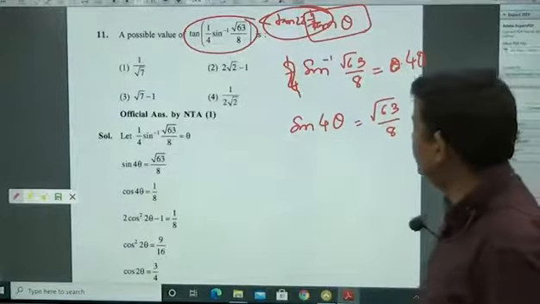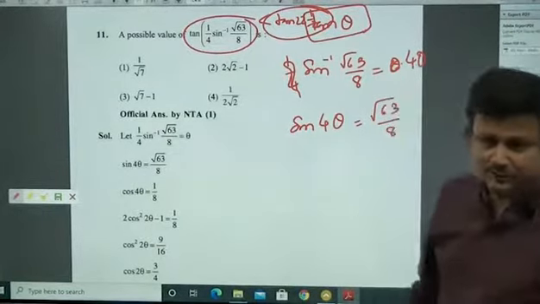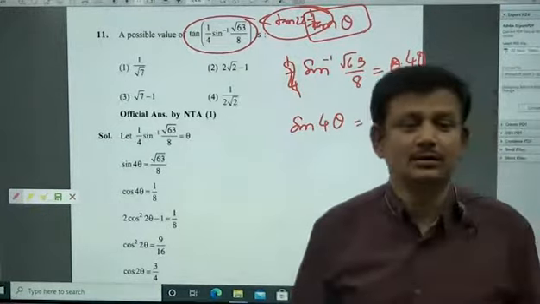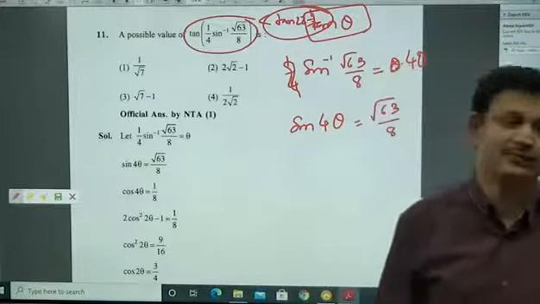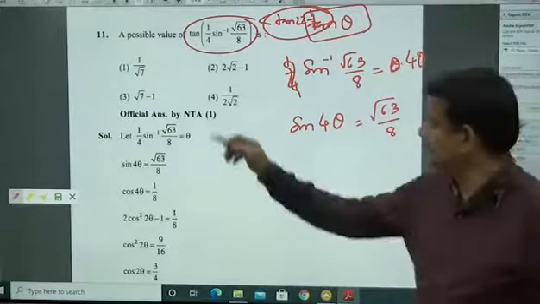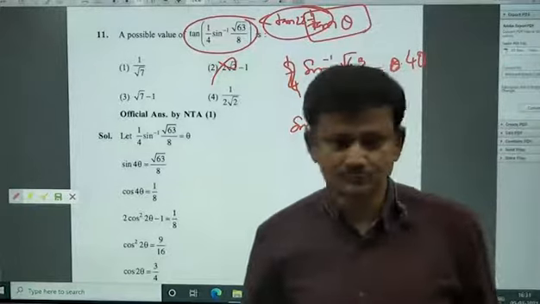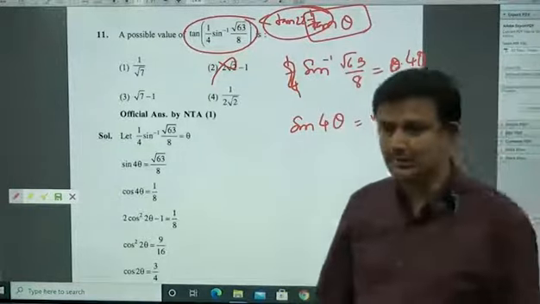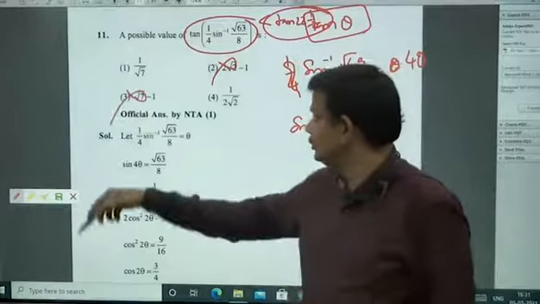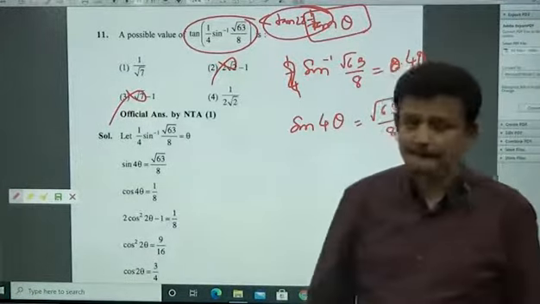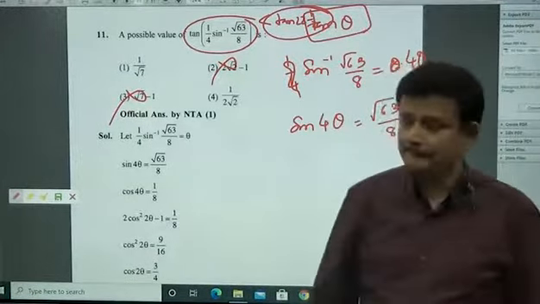So can we directly rule out any option? 2 root 2 minus 1 is how much? Much bigger than tan 45 also, yes or no? So ruled out. Root 7 minus 1 is definitely more than 1. Ruled out. So our fight is only between 1 by 2 root 2 and 1 by root 7.